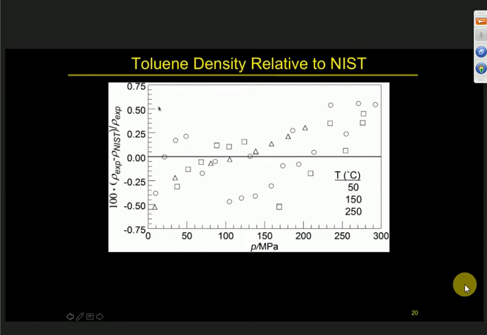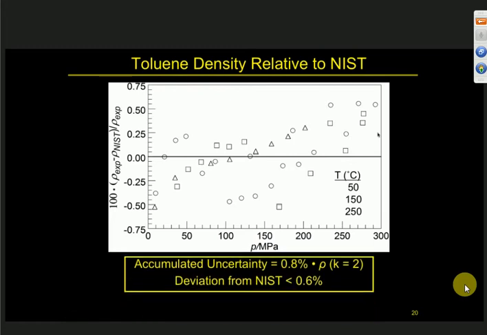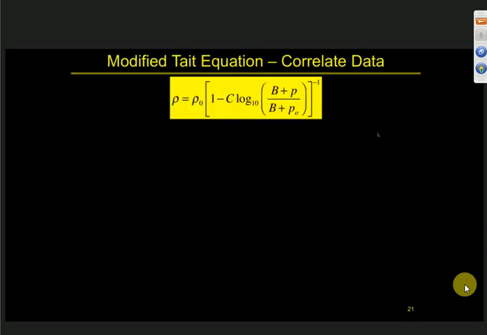Our data is right on top of NIST, with a deviation of plus or minus 0.75%. So under this condition, this is pretty good and reliable data. The accumulated uncertainty is 0.8% with a coverage factor of 2.